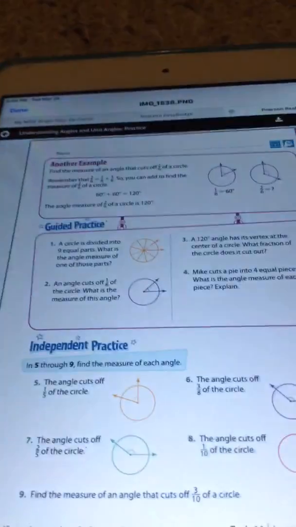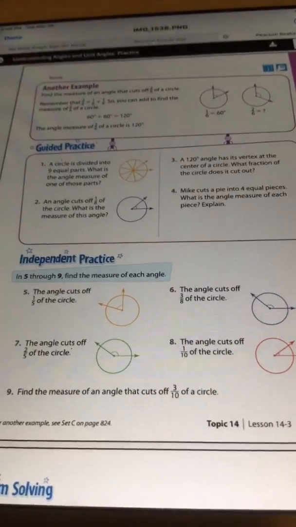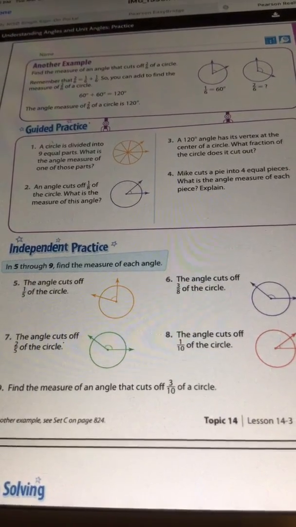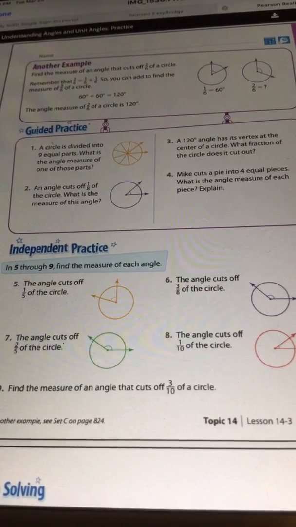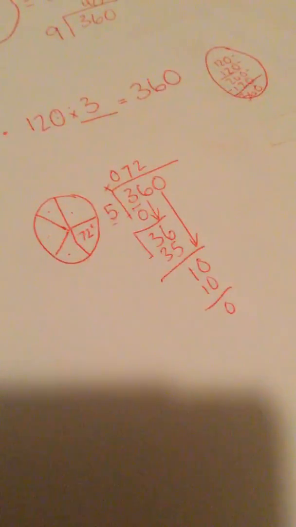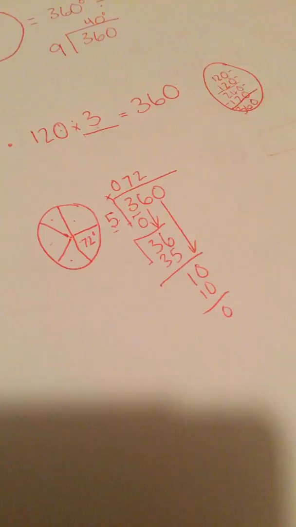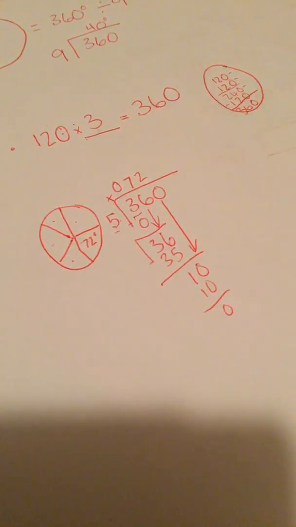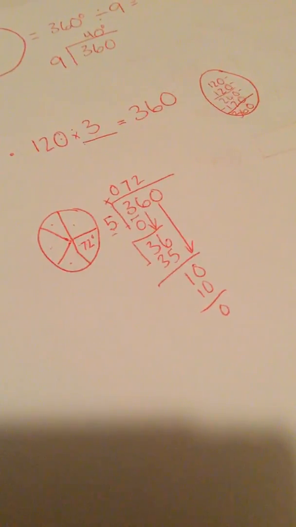Back to our questions. Number 7. The angle cuts off 2/5 of the circle. Ooh, this one's a little bit different. This one asked us how much is one of those pieces worth. Number 7 asks us how much is 2 of those pieces worth. Well, we already know that 72 is 1/5.